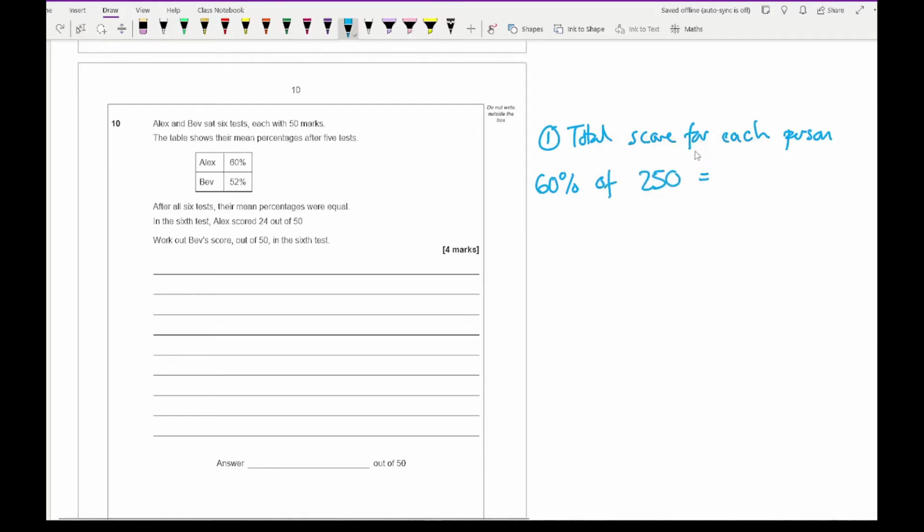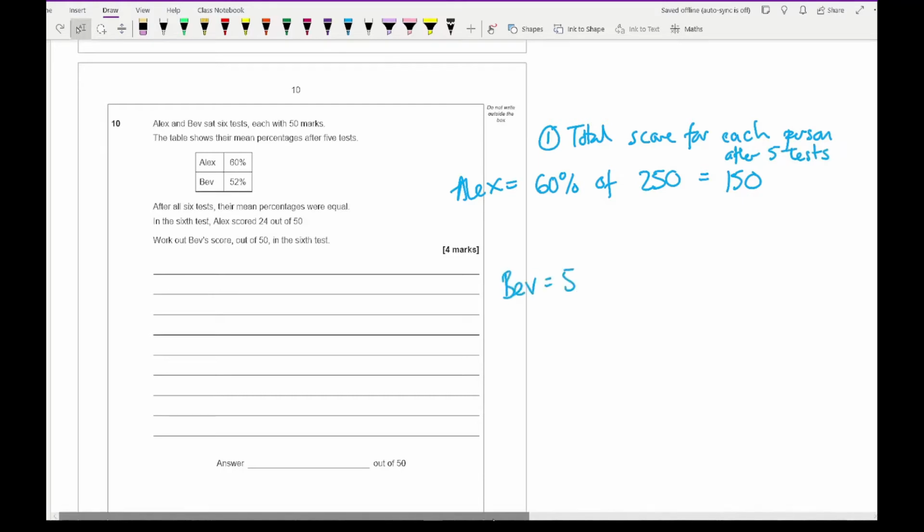So Alex scored 150 after 5 tests. And Bev scored 52% of 250.